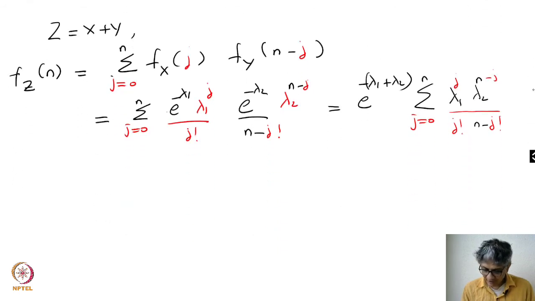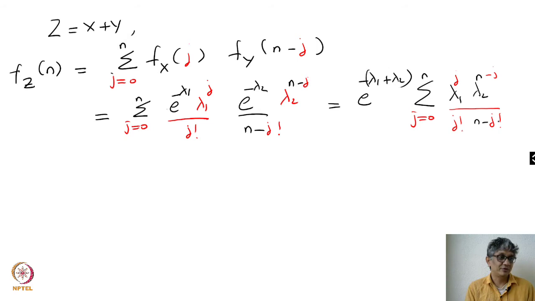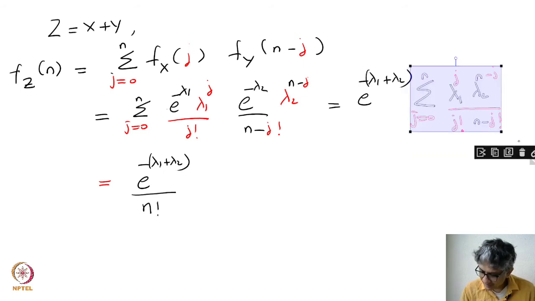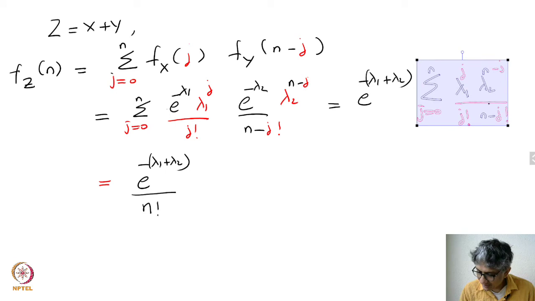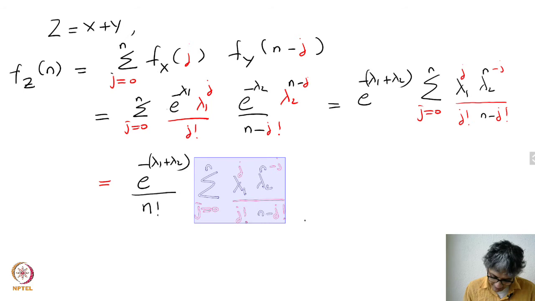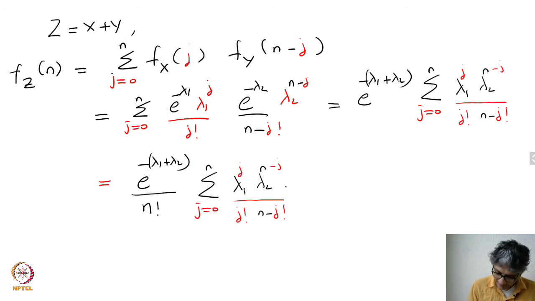So now we are in familiar territory. This looks like a sum of two things, and we can understand the expansion a little bit. I do a little trick. I write e to the minus lambda 1 plus lambda 2 at the top, and I multiply and divide by an n factorial, so there is an n factorial outside the sum and an n factorial inside.